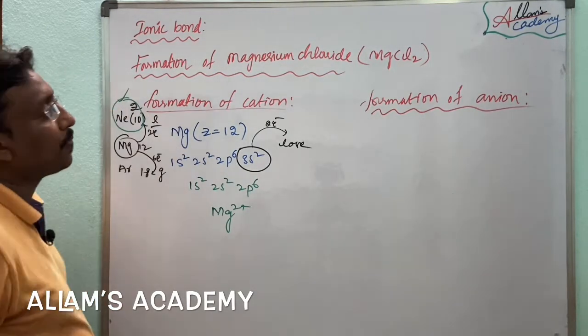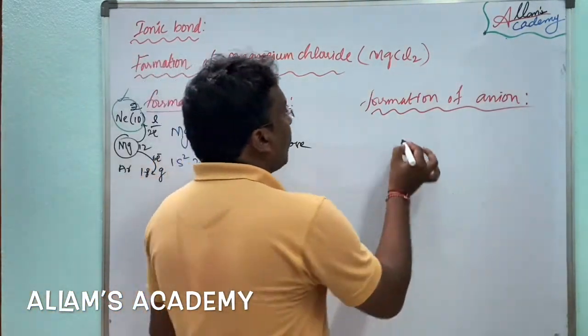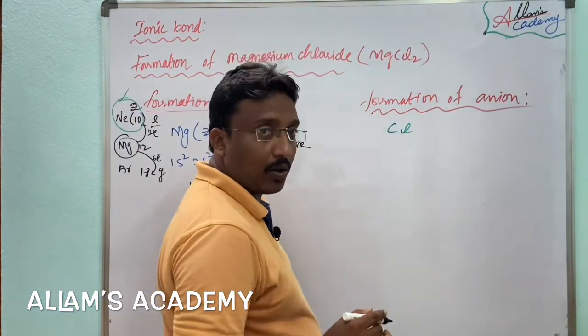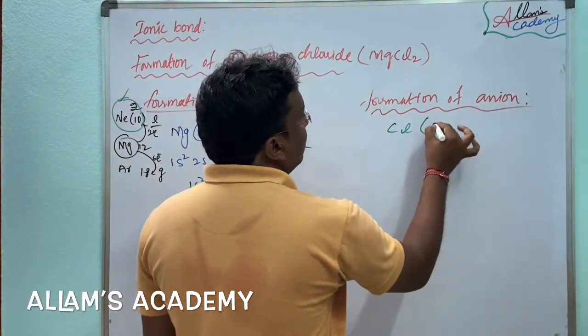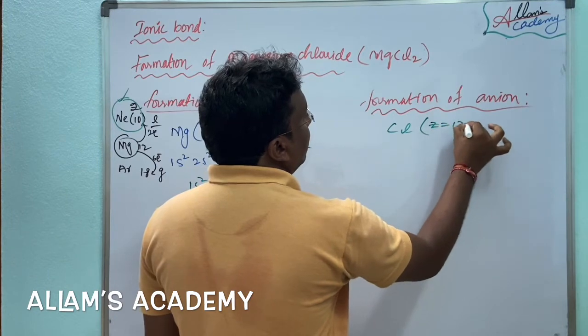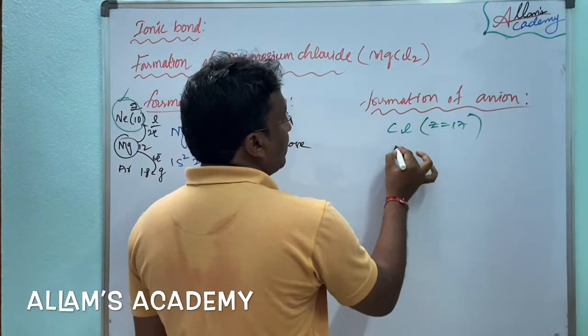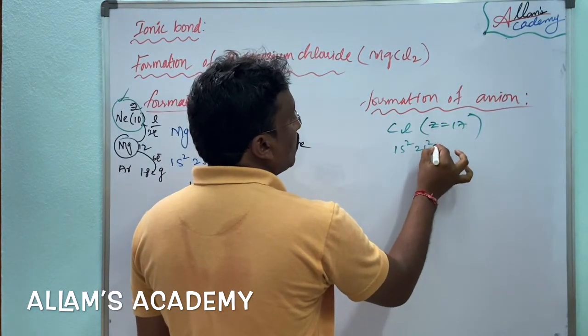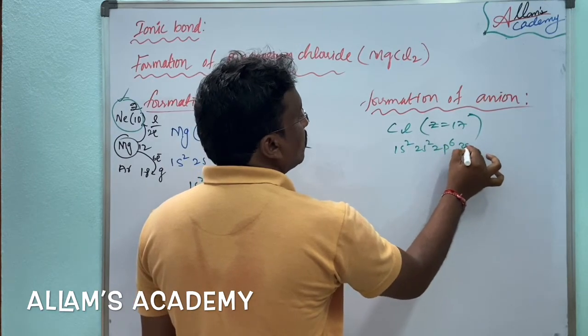Then here we have chlorine. Chlorine's atomic number is 17, and its electronic configuration is 1s2, 2s2, 2p6, 3s2, 3p5.